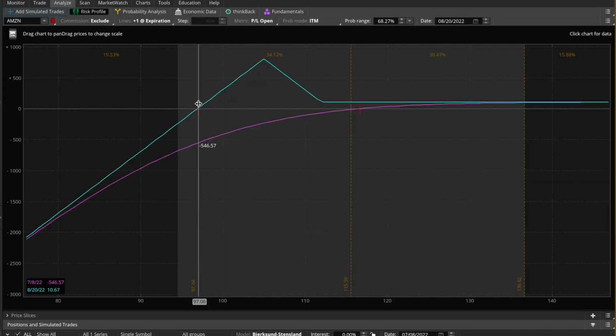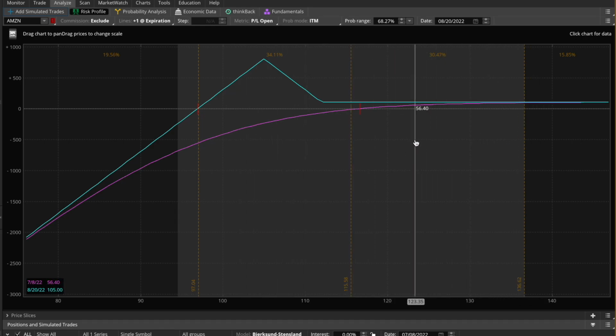So essentially, if there is only about a 20% chance of Amazon finishing below $97 per share by the August expiration date, then that means there's about an 80% chance of Amazon finishing anywhere above that price. And because this trade allows you to make money anywhere above that price, that also means you have an 80% chance of making money on this trade.